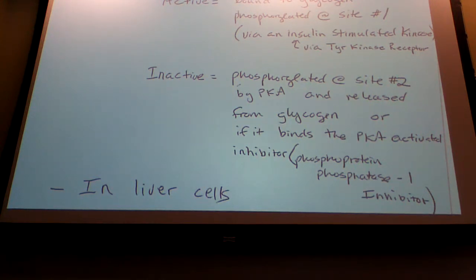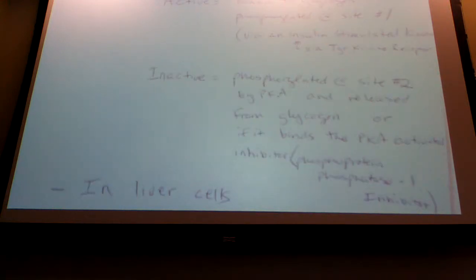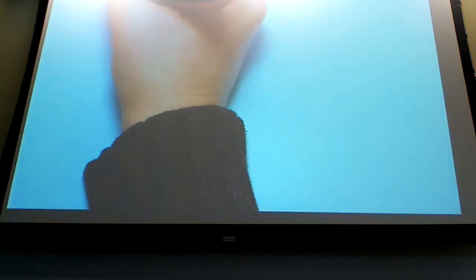So when we get to insulin, we're now talking about hormones. So that's the last little bit that we need to write out. So hormonal control.